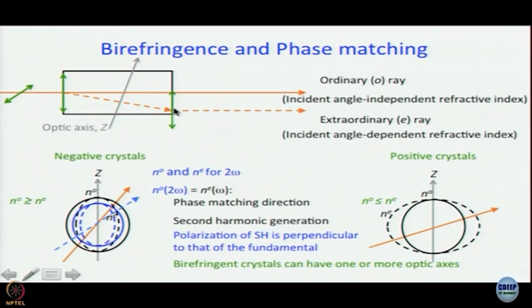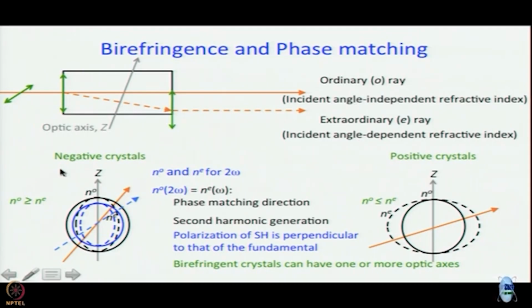And the advantage of that is that you have crystals in which the refractive indices for the ordinary and extraordinary rays are going to be different, and they are going to be different not only for the fundamental, but also for the second harmonic.